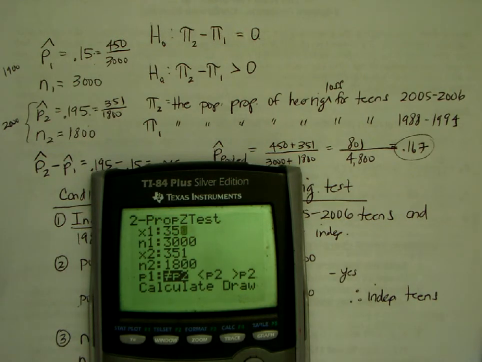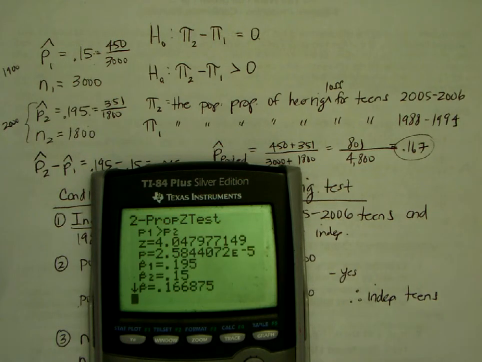So this should be 351 out of 1,800, and then 450 out of 3,000. I have to do that because I want it to take the larger proportion minus the smaller proportion. The calculator doesn't know the difference. It's always going to subtract p hat 1 minus p hat 2, whatever you enter. So I'm going to do a greater than, so just go up, greater than, hit calculate.